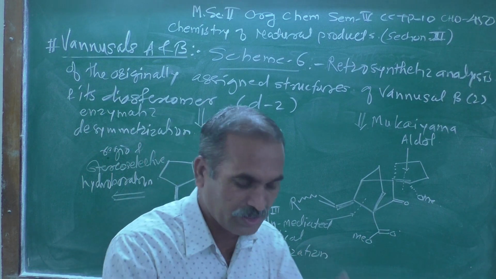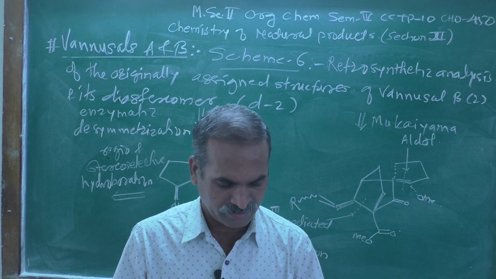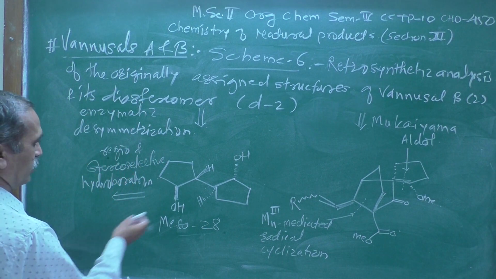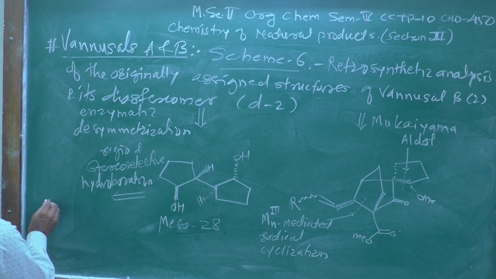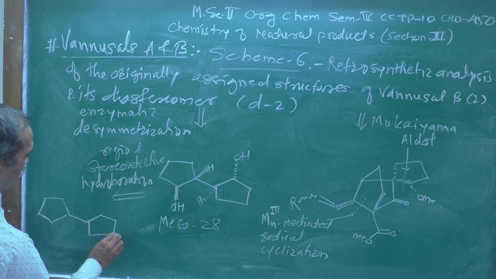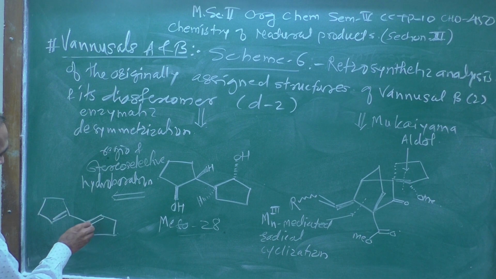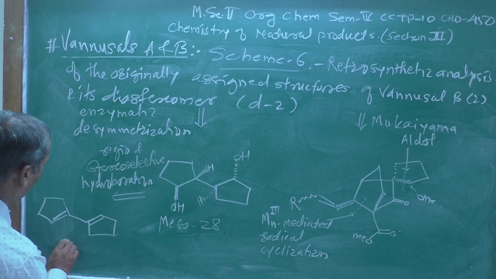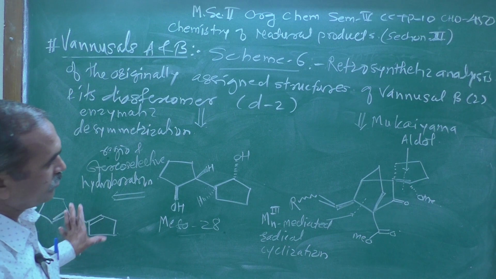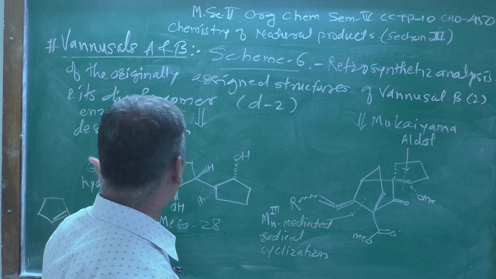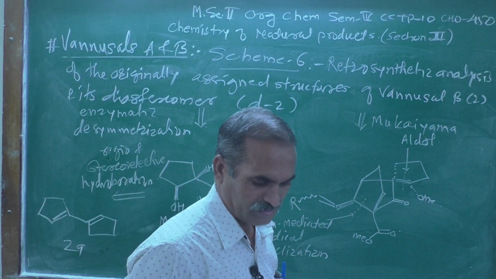hydroboration. After using this approach, what do I get? I am going to get the compound which I am showing over here. See the structure, one double bond here, another double bond over here, and this is structure number 29. This is structure number 29 which I got on the left hand side.